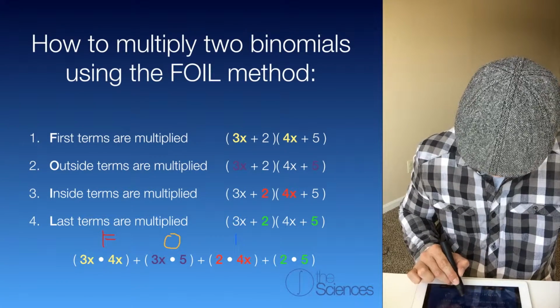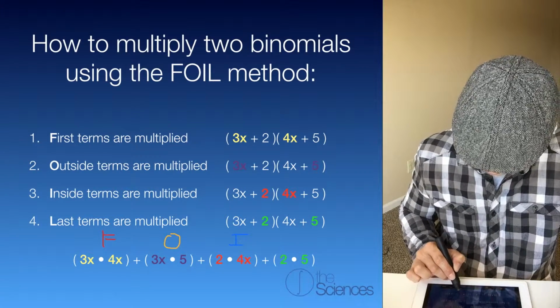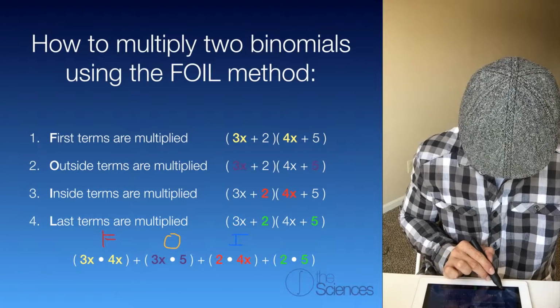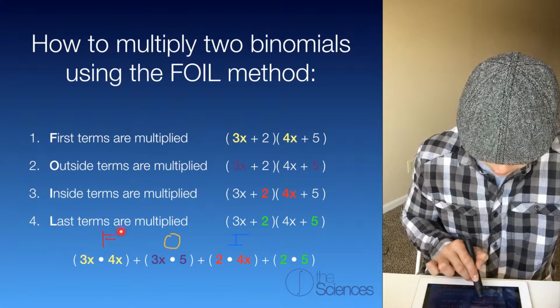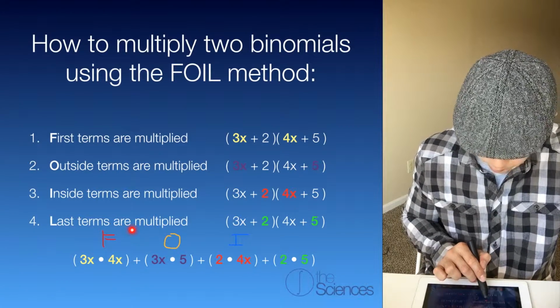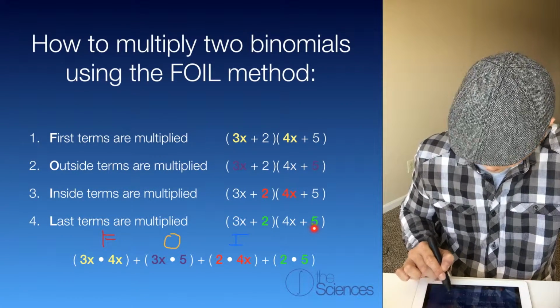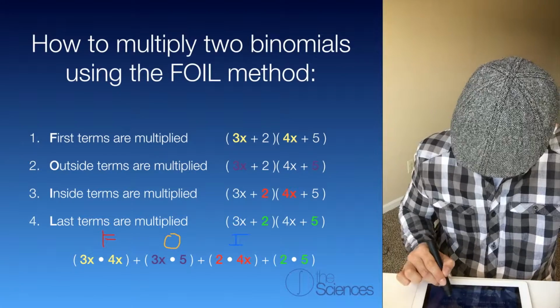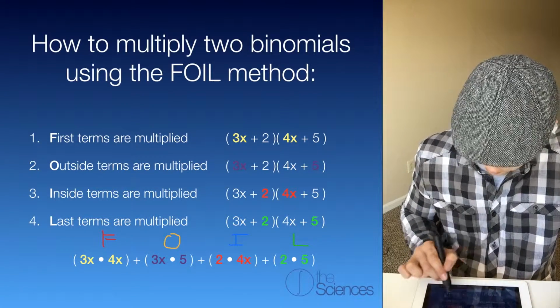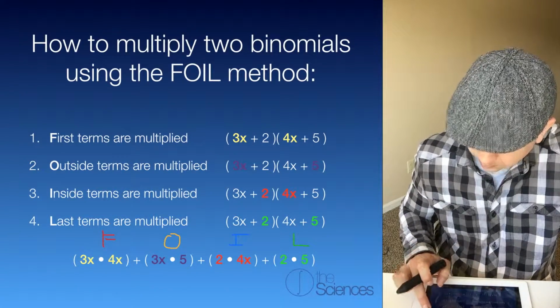So here's I. And then the last thing you're going to do is the last terms are multiplied. So here, 2 times 5. So that's L. That's the FOIL method, and then you're going to add them all up.